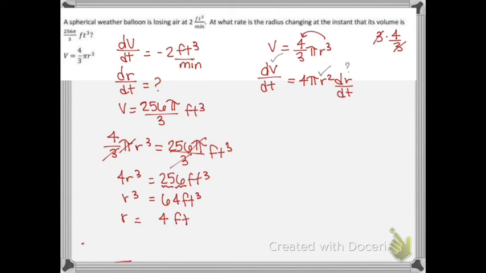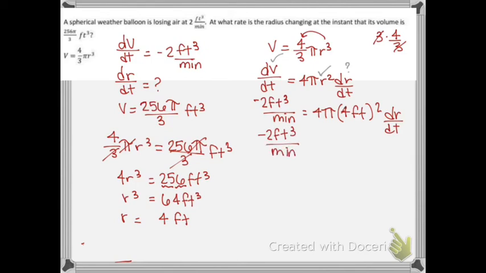So dV/dt is that -2 cubic feet per minute, and that's going to equal 4 pi. The radius is 4 feet. Let's square that and then times dr/dt. Okay, on the right-hand side, we have 4 squared, which is 16. 16 times another 4 is 64.